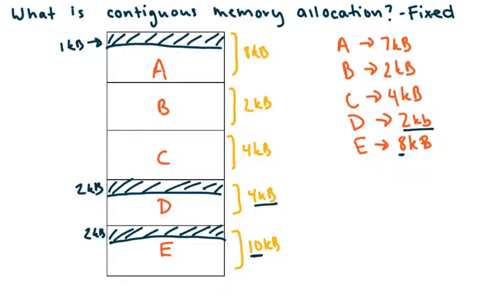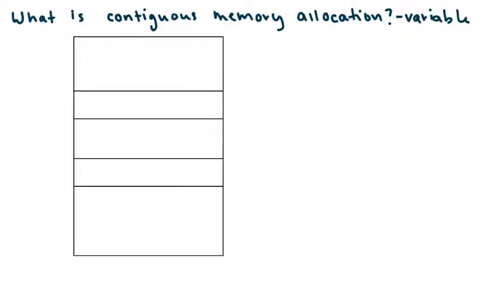The second way that you can do contiguous memory allocation is using a variable partitioning scheme. I have this table here just to make life easier in the next steps. But really, as processes come in, spots in memory are allocated based on the size of the processes.